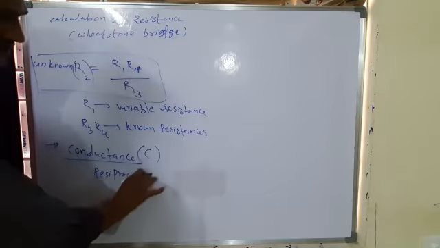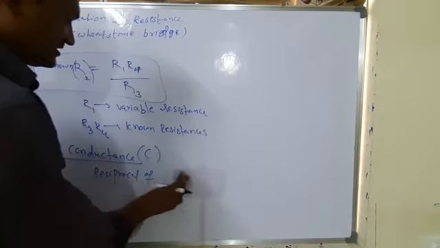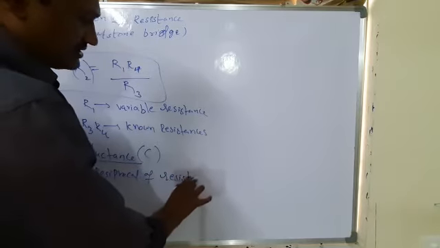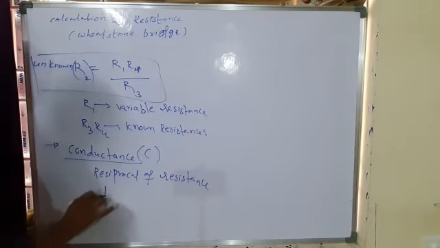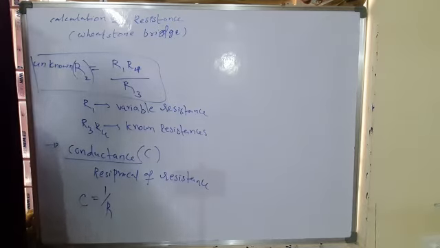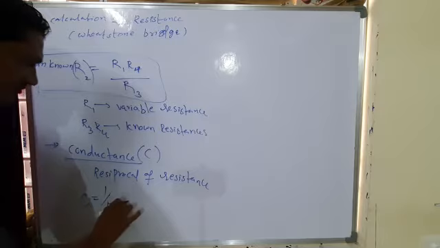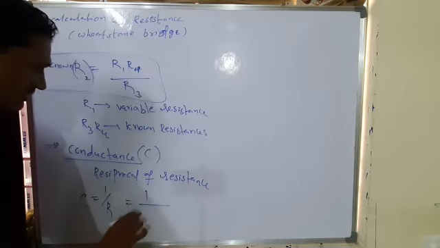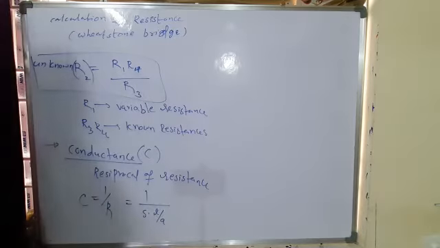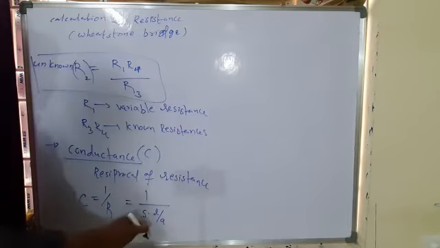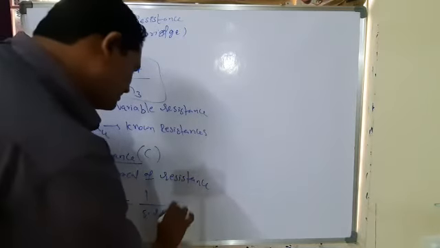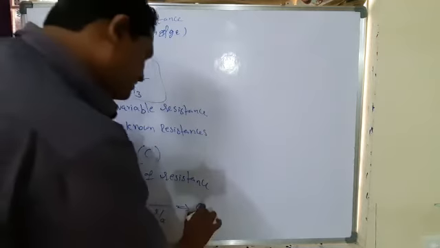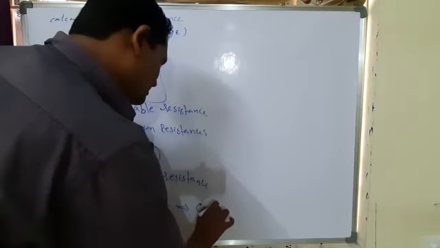You know that resistance R equals specific resistance S into L by A, so from this, conductance equals 1 by S into A by L.